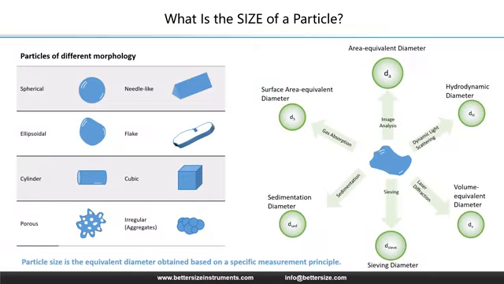But with the BetterSizer 2600 Plus, we use laser diffraction. This gives us the volume equivalent diameter. We are asking, what is the diameter of a sphere that has the exact same volume as this particle? This is the industry standard because it is the most robust way to quantify the amount of material you actually have.